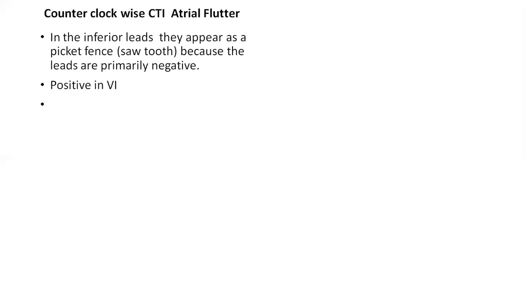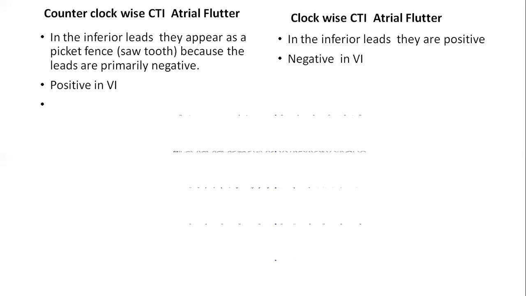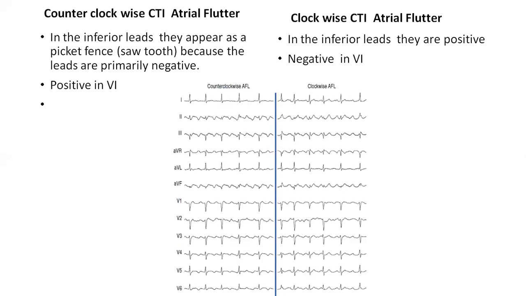Sometimes it is very easy to identify a classical flutter if it is in a heart which is not too diseased and the patient is not on medications. The classic counterclockwise has positive V1 and negative inferior leads, and the clockwise is just the opposite. If you look here, you have this classic sawtooth in the inferior leads and positive V1.